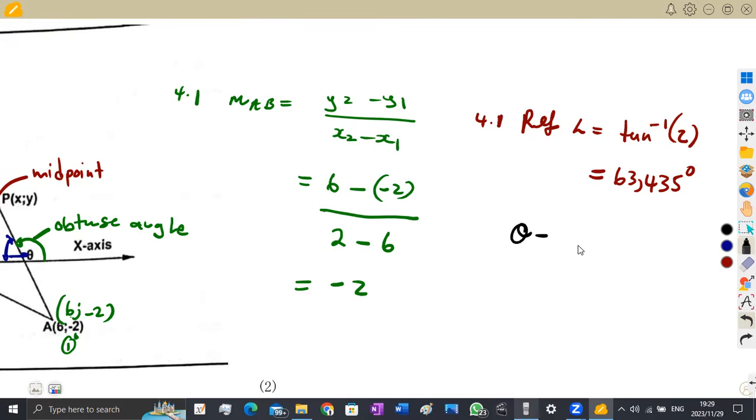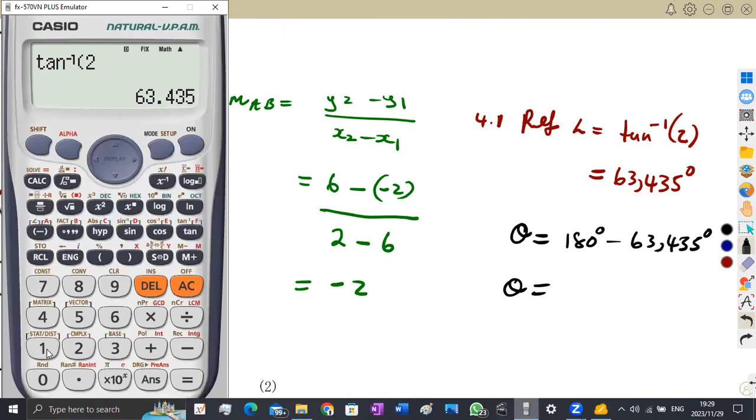So theta is going to be 180 degrees minus the reference angle, which is 63.435 degrees. So this is going to give us the exact value of theta now. So we are going to subtract 180 minus the answer that we got.